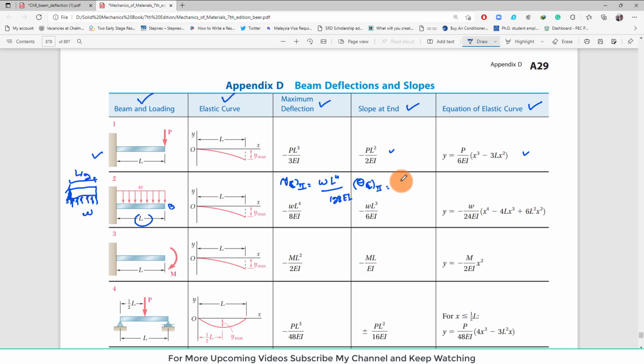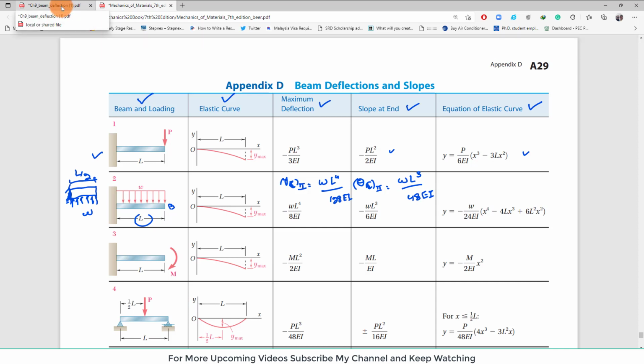Similarly, the slope at point C will be equal to WL cube over 48 EI, clear, and it will be plus because the force is upward, so the slope and deflection will also be upward.